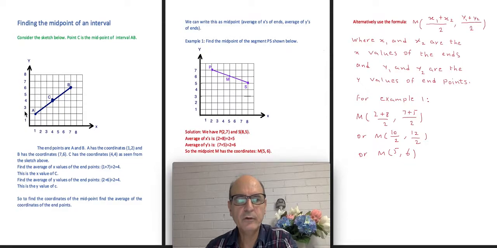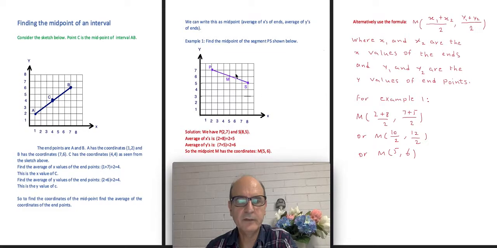So 4 is the average of the y values, which happens to be the y of the point C. So to find the coordinates of the midpoint, all we need to do is to average the x values to get the x of the midpoint and average the y values of the endpoints to get the y value of the midpoint.